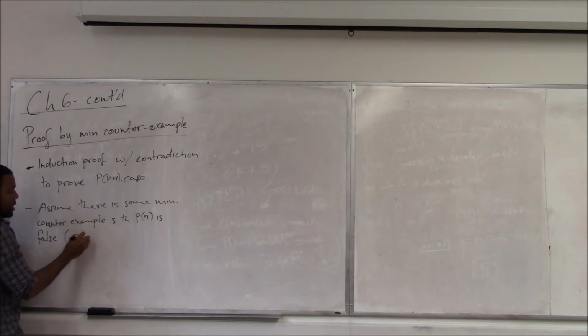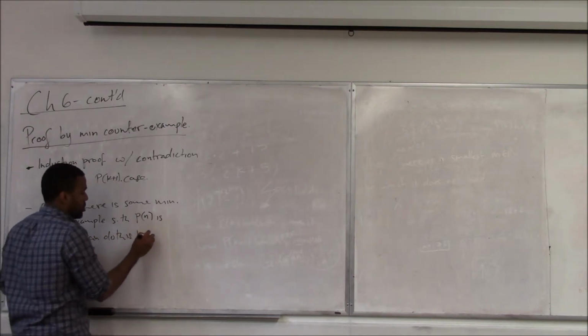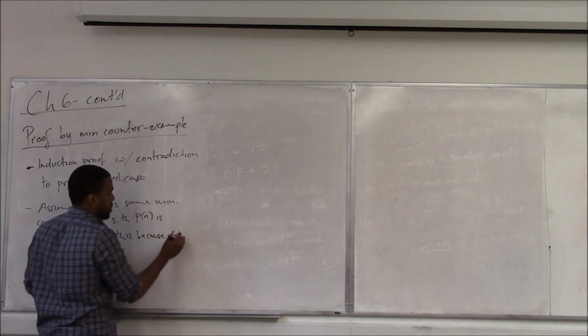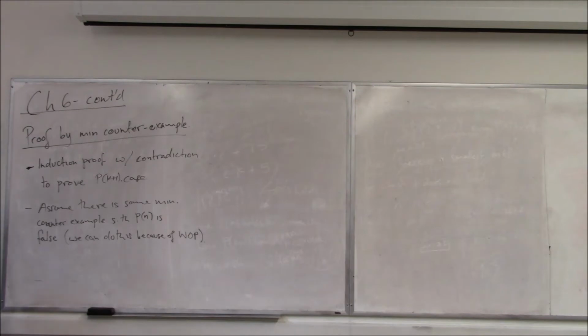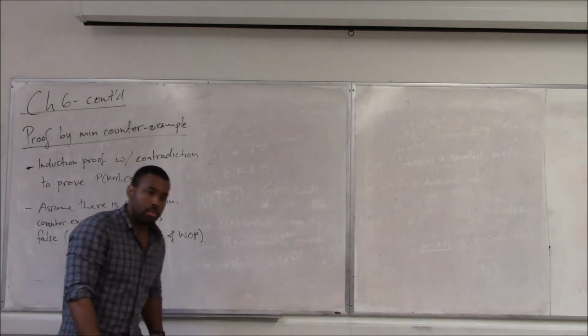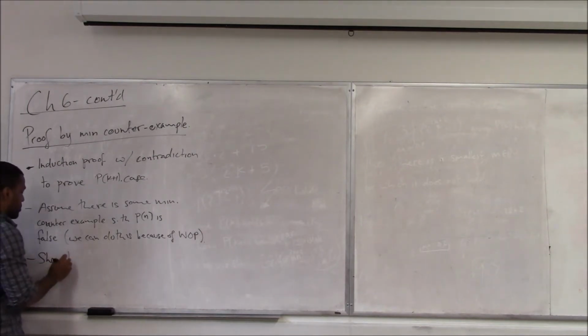We can do this because of the well-ordering principle. We know that any set of natural numbers will have a least element, so if something is true for some natural number, there's a smallest natural number for which it's true, and then we show this leads to a contradiction.